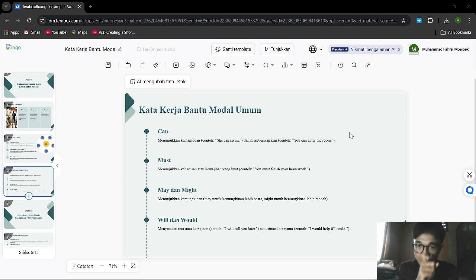Okay, here are some of the most common ones you will encounter. The first one is can, used for ability, like she can swim, or giving permission, like you can enter.